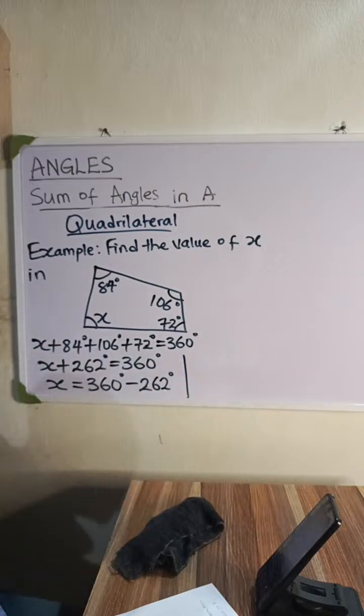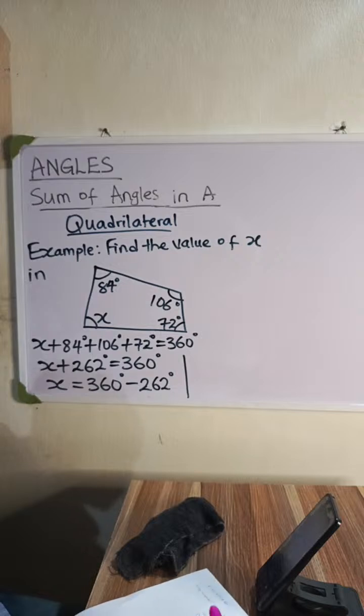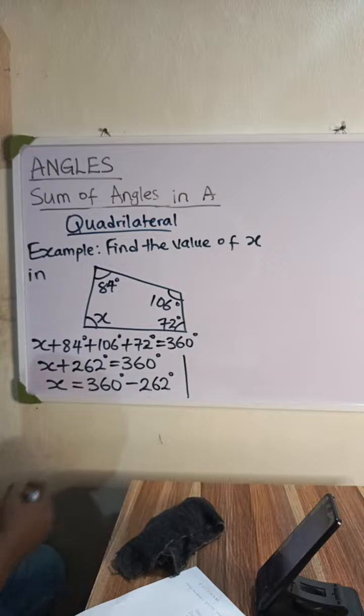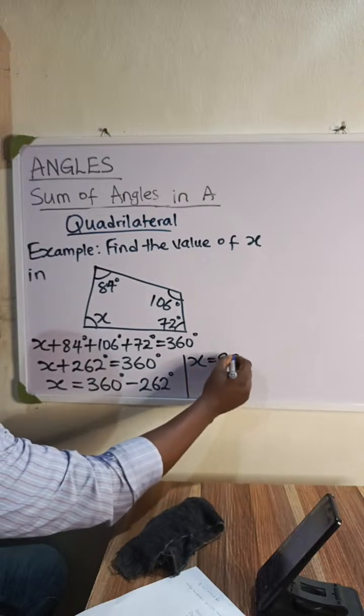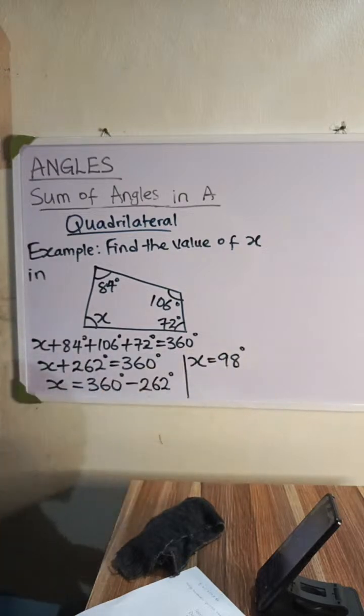Who is giving us the first answer? 98 degrees. Daniel has another mark. So Daniel has 9 marks. Confidence has 3 marks. So x is equal to 98 degrees. So that's the value of x.